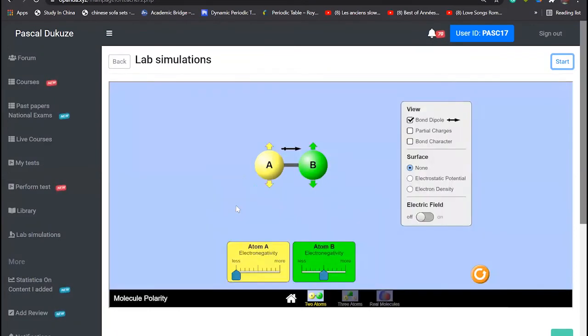So here we have two atoms, atom A and atom B. This is how it looks when you open the simulation. And we can set the two atoms to have similar electronegativities. Atom A and atom B have similar electronegativities. And now we can call the bond a pure covalent bond.